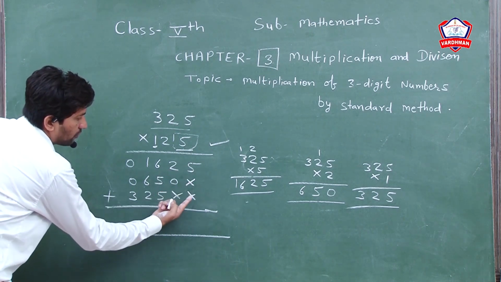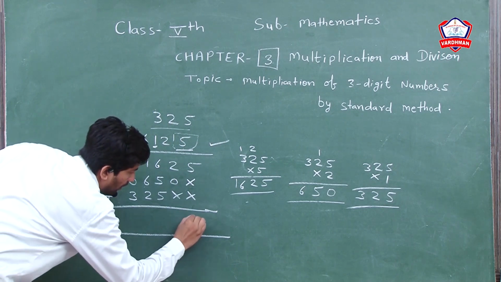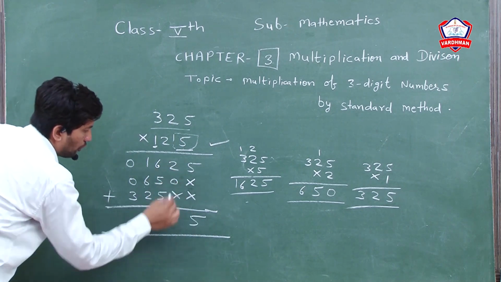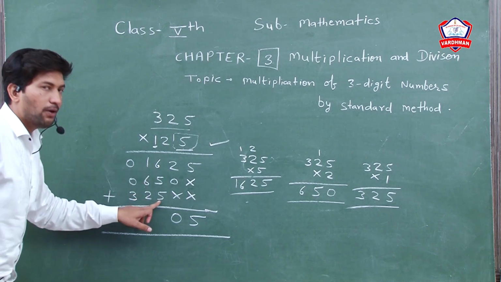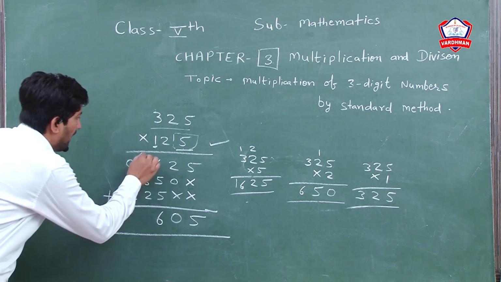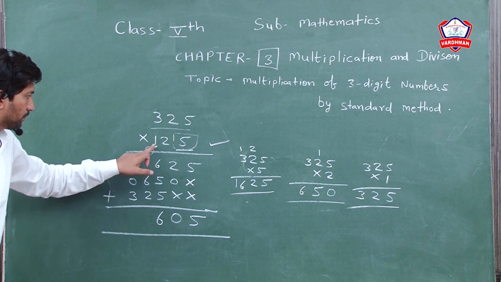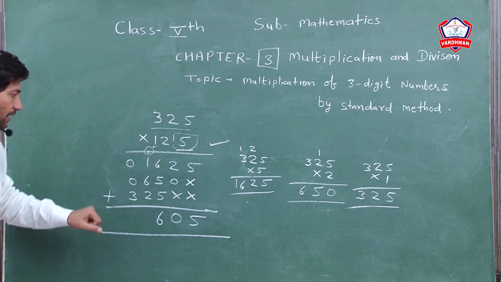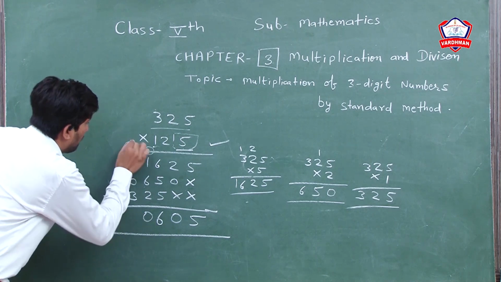5, cross means 0, 5 is also 5. 2 and 0 is also 0. 6 and 5 is 11 and also 5 is 16. 6 is taken and 1 is carried. 1 and 1 is 2 and 6 is 8. 8 and 2 is 10 and 1 is also carried.